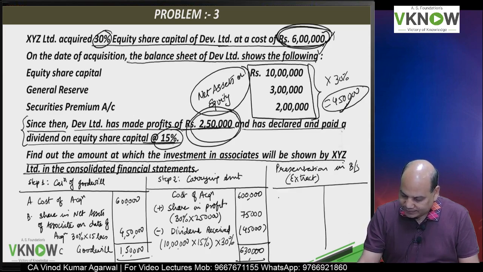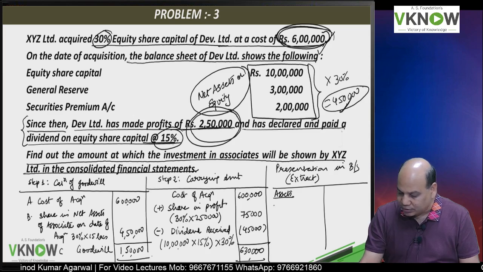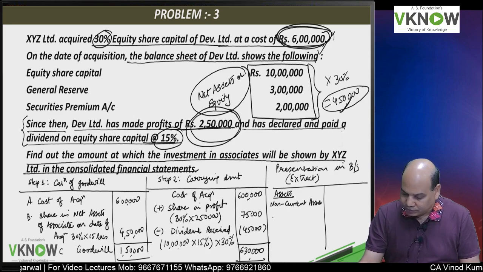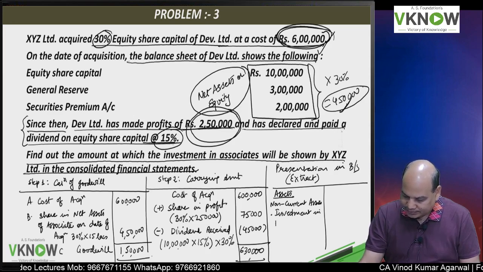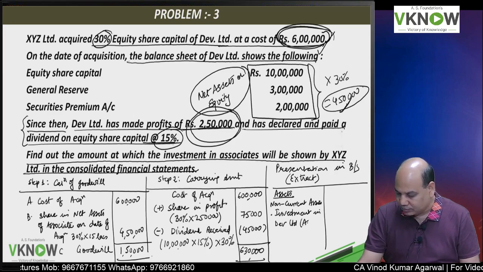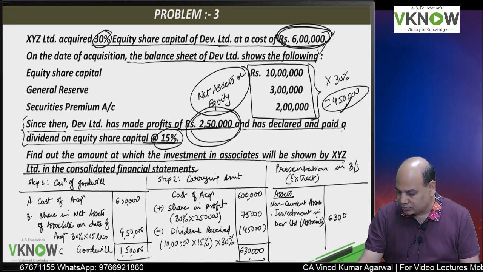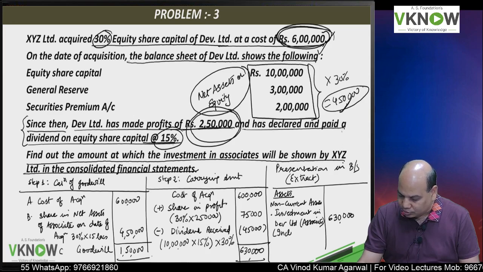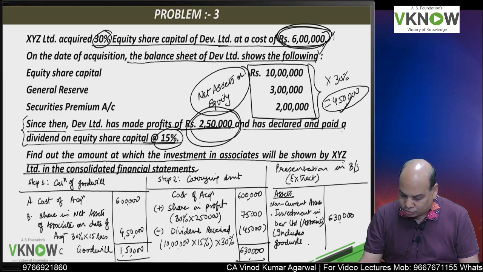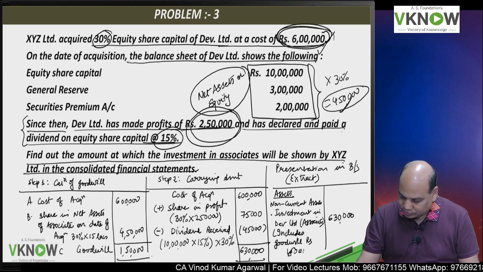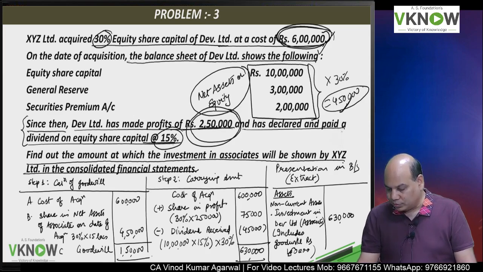Presentation in balance sheet extract. You will write asset side, non-current assets, investment in Dev Limited, which is an associate, 6,30,000, and you will write a note in bracket, includes goodwill rupees 1,50,000.